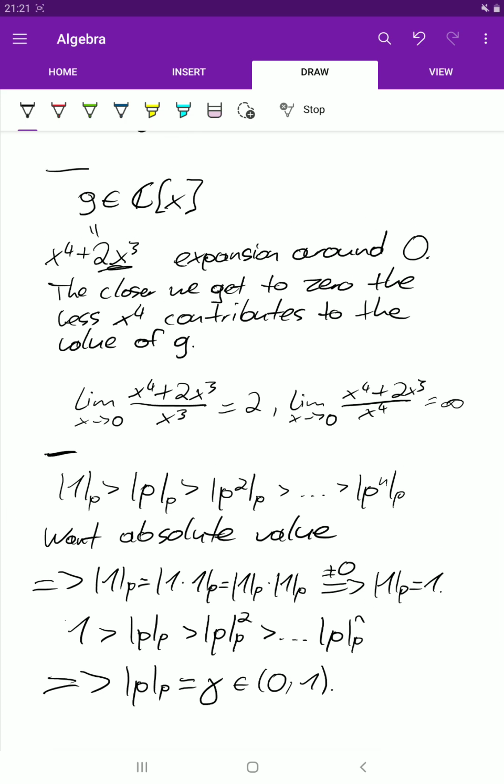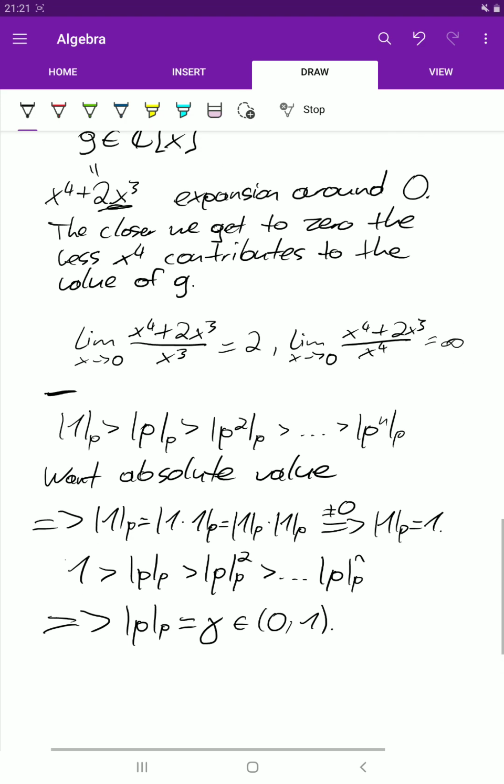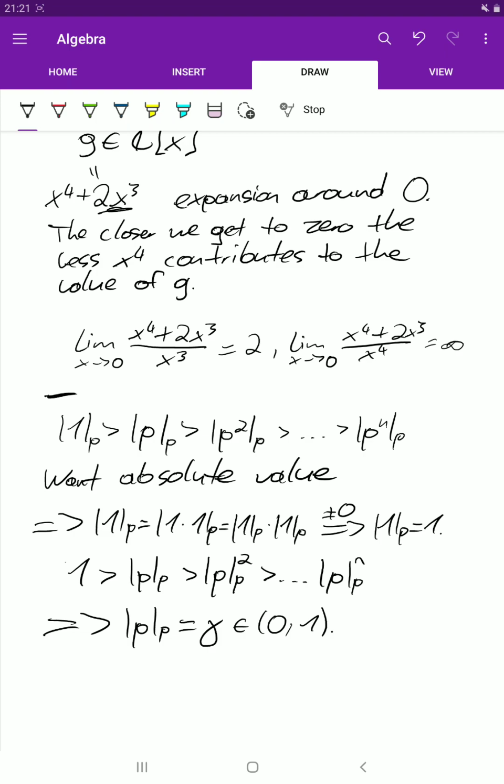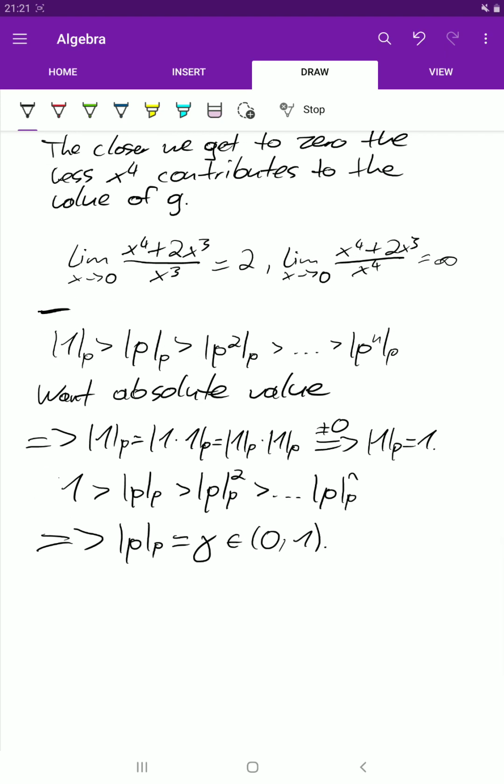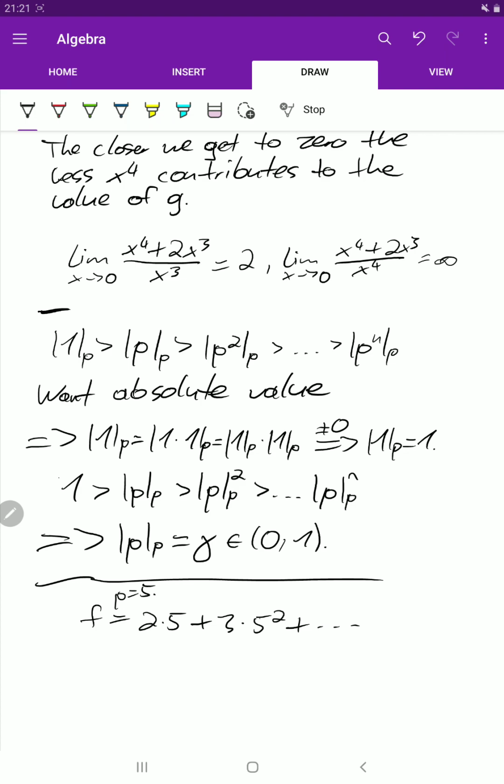And now we can have a look at the issue of convergence. So first of all, similar to power series over the complex numbers, we want to see what's the highest contributing term. Let's make an explicit example. Let's take base 5 again, and let's put f to be 2 times 5 plus 3 times 5 squared plus something else.